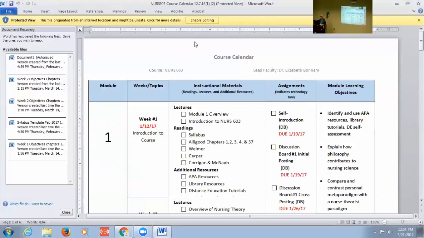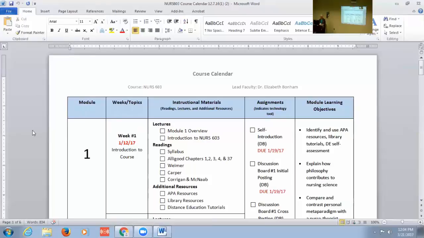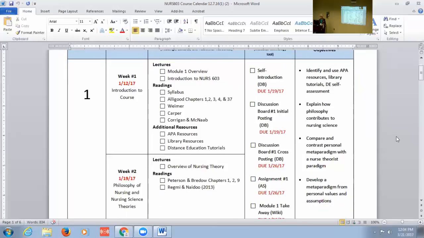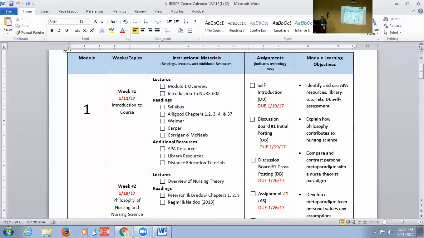Since we put the course into modules, the first module has 4 module learning objectives. And so what I decided to do was at the end of each module, the course is divided into 4, there would be a takeaway, a wiki, and the wiki would be the mechanism by which students would do the takeaway.